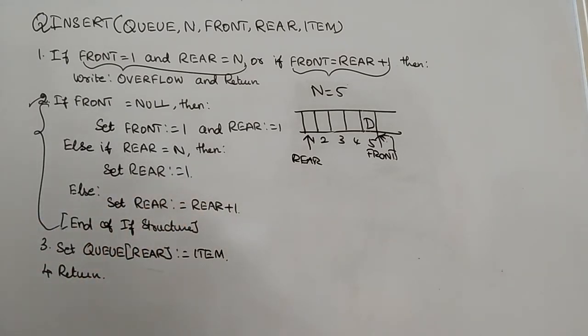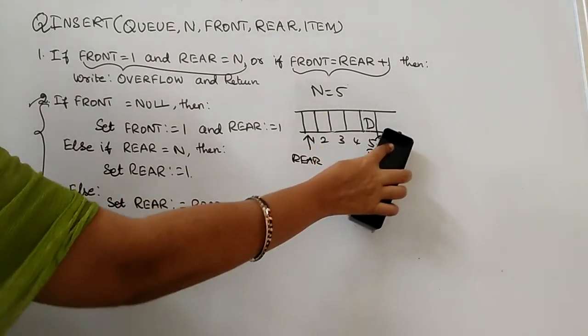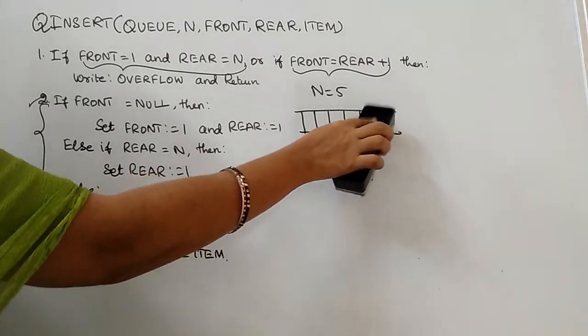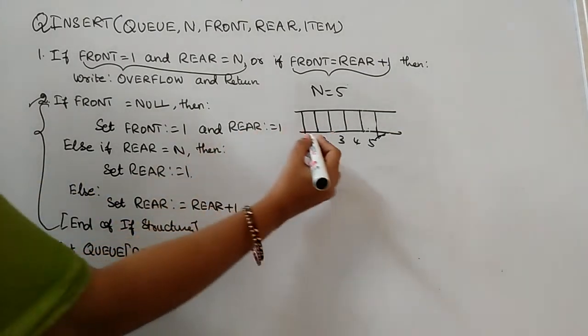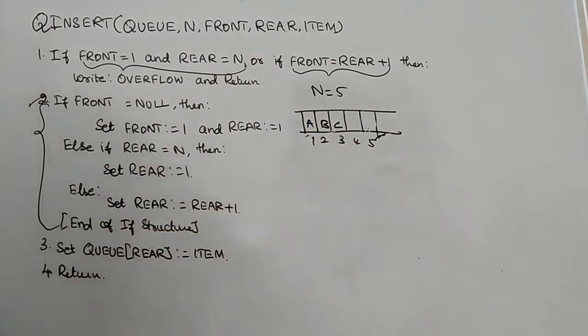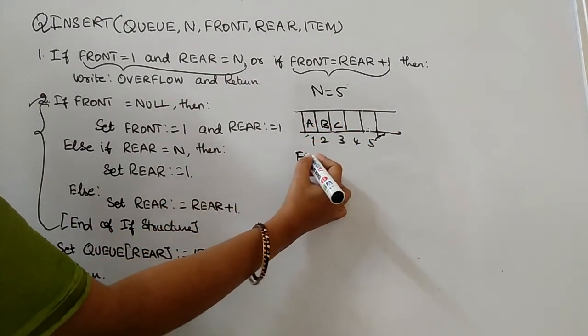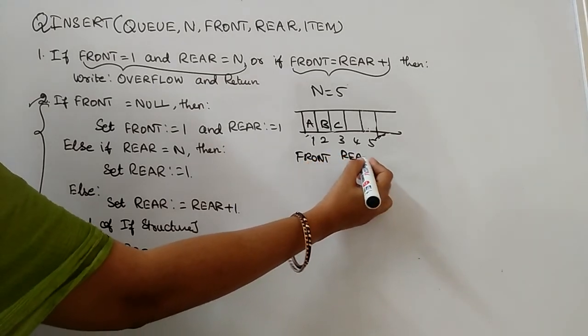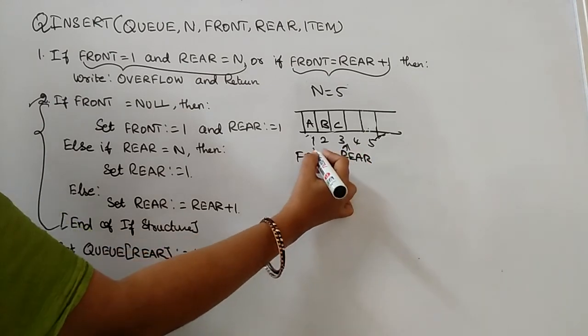The next possibility is that you may have the data in between. For example, A, B, C. Now the front is equal to 1 and rear is equal to 3.